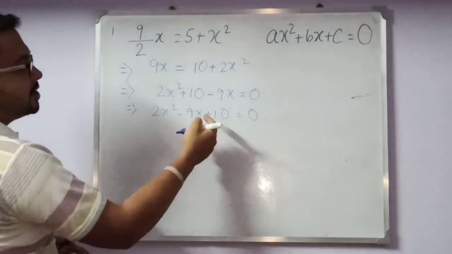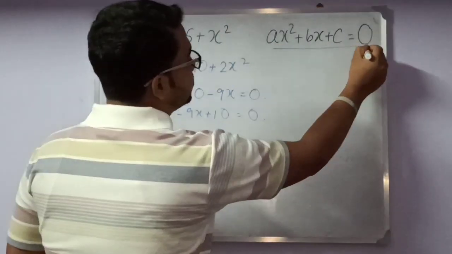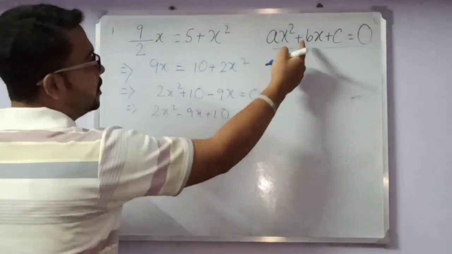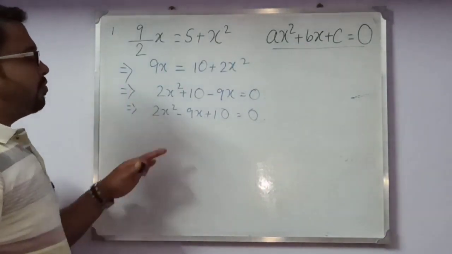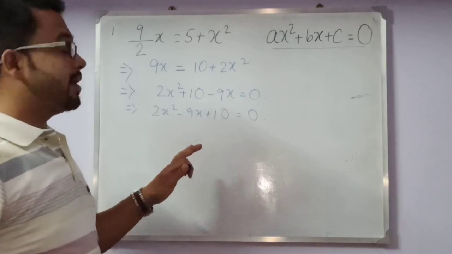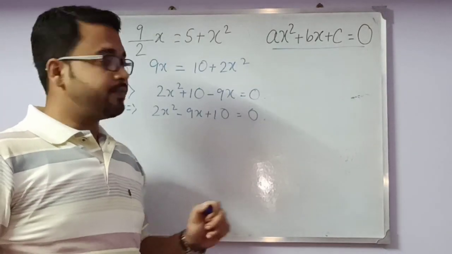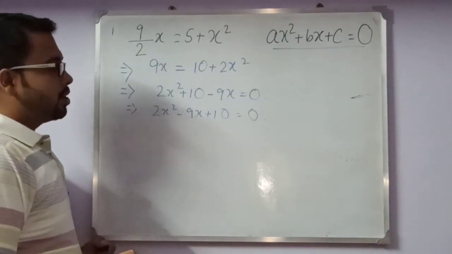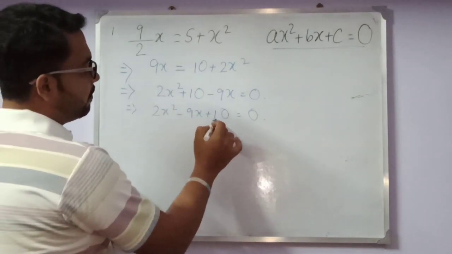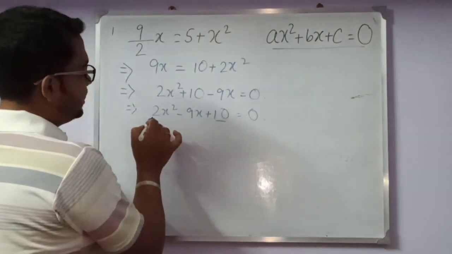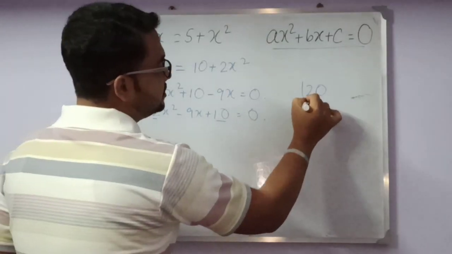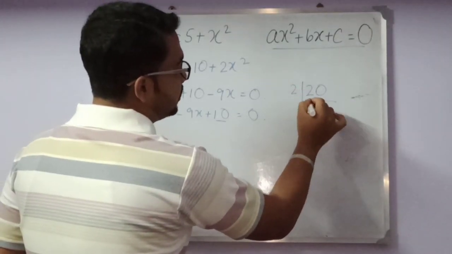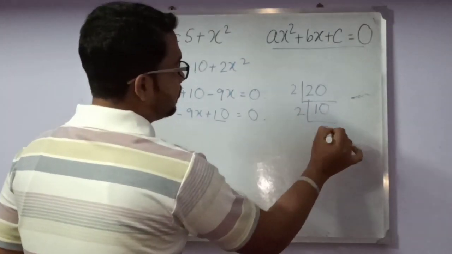Now this equation looks like this one, where a means 2, b means minus 9 and c means 10. Now we have to solve this by the middle term method. In the middle term method we have to multiply this 10 and 2, which means 20. Now factorize this 20, we get its factors.